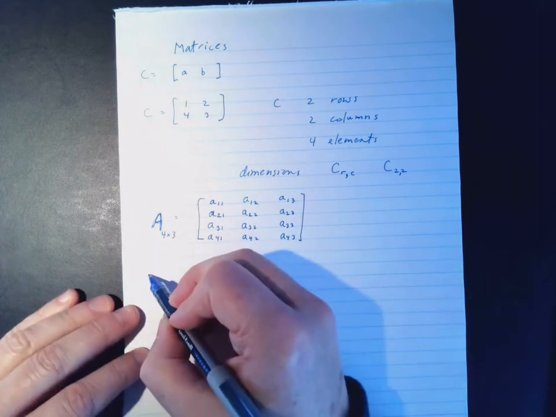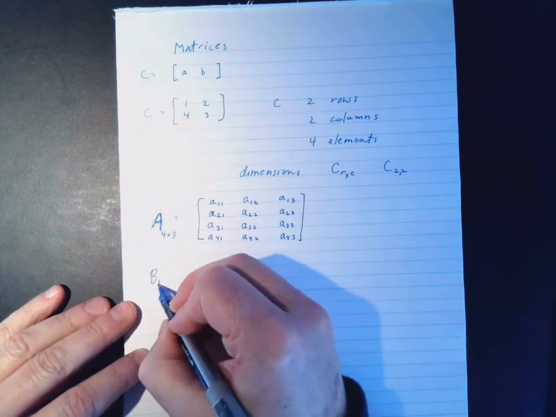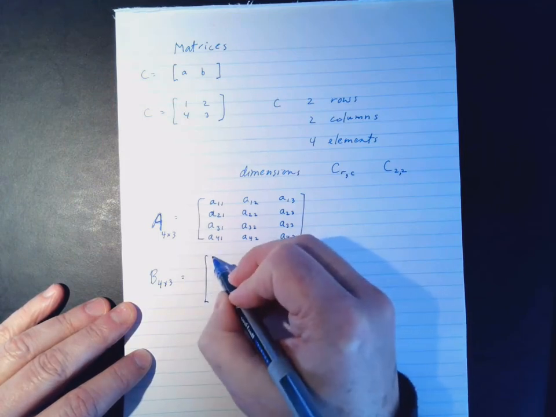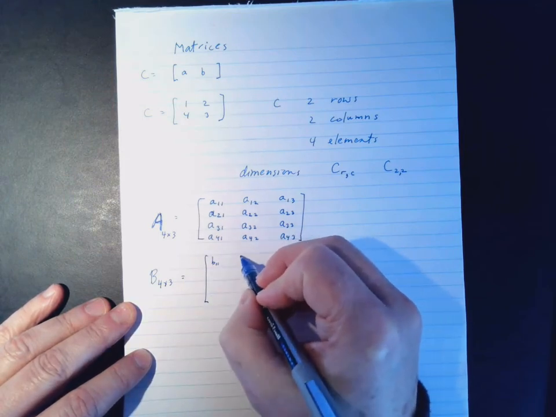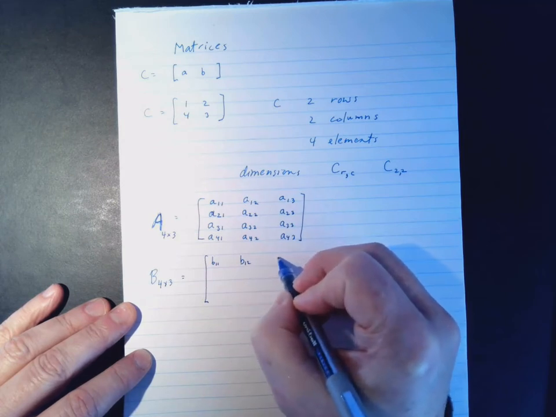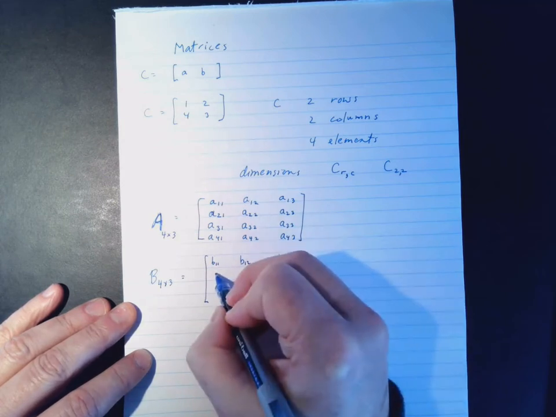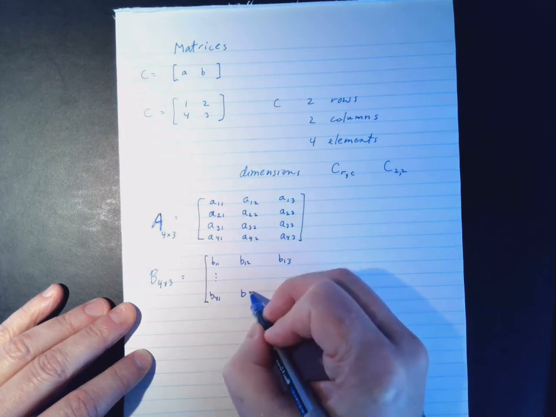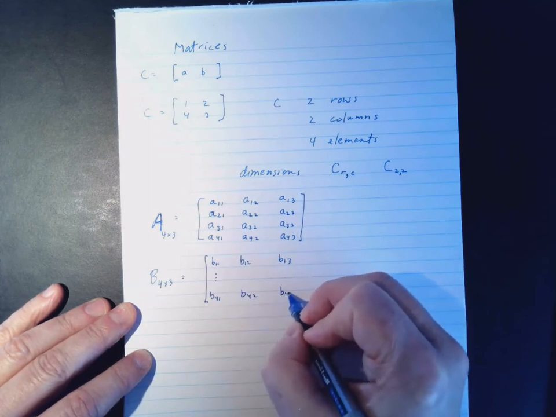Now, let's say that we had another matrix, B, 4 by 3. And I won't write out all the elements, but they're going to be b11, b12, b13, and so forth, down to b41, b42, and b43.